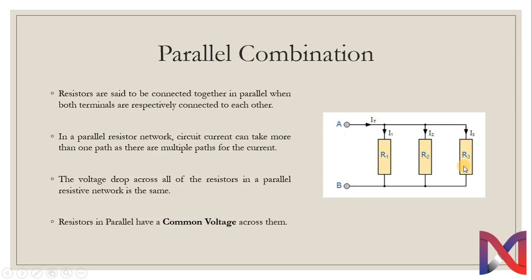Therefore we can say that in parallel combination the current is different, whereas voltage remains the same. This is the reason why our domestic loads are preferred to be connected in parallel combination rather than series, because we want our voltage to be the same across each of the loads or resistors.